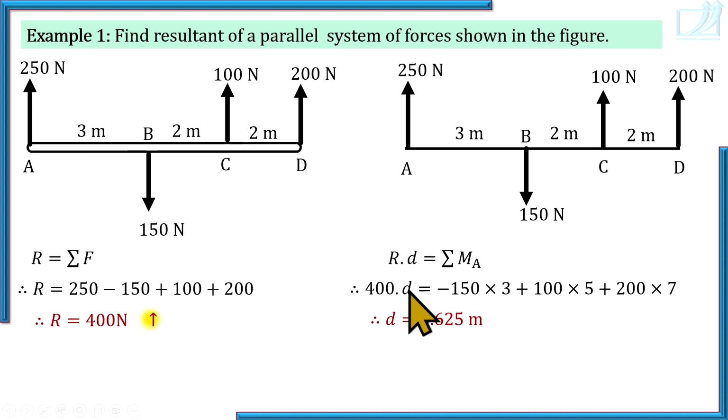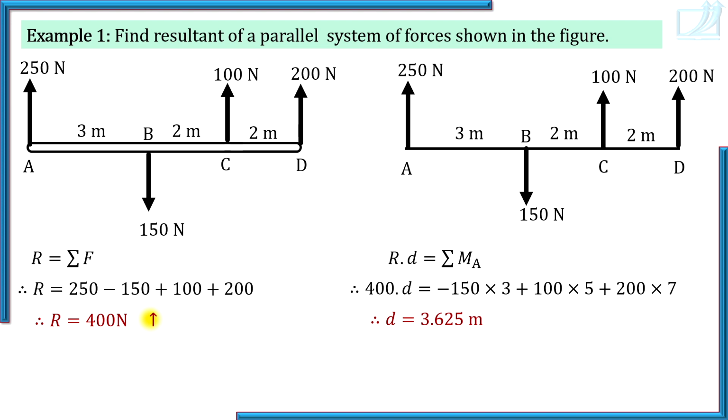Moment of resultant is anti-clockwise, which will be wrong in that case, and you will say the moment of resultant about the moment center is clockwise. In short, if you get d positive, then the moment of resultant is anti-clockwise, and if you get d negative, then the moment of resultant is clockwise. Note it down somewhere. It's very important.